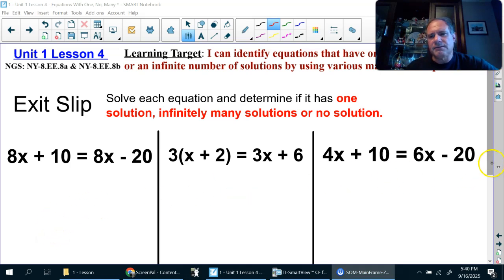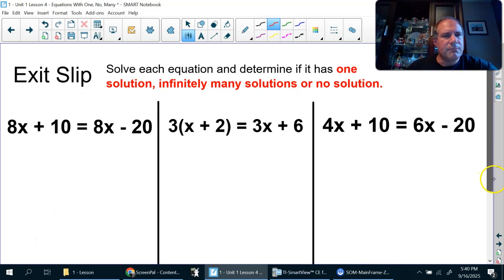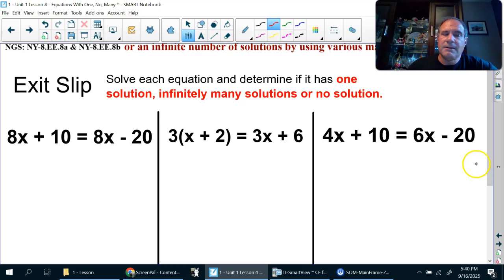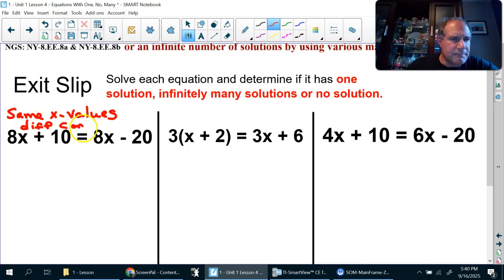All right, here's the exit slip. We're going to solve each one, but I'm going to tell you right now, I could tell what this is. It's the same x, different constants.